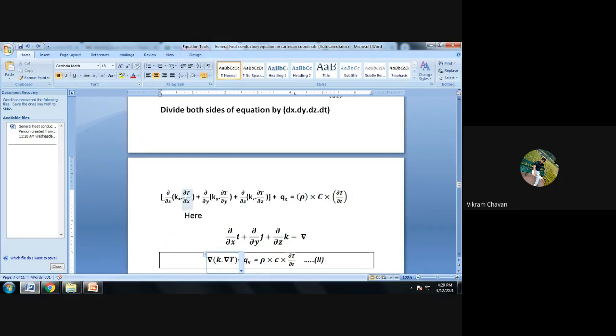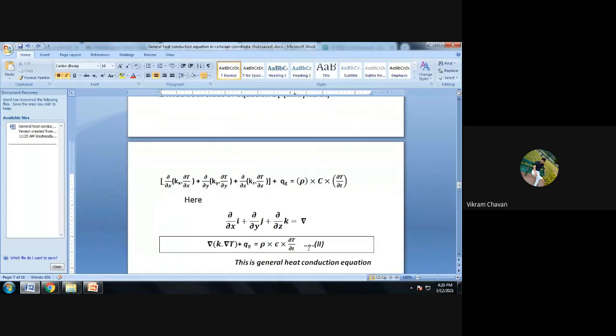Now in the bracket, temperature is also varying with respect to the coordinate system, so for that we have introduced one more del operator and the remaining equation as it is. So del of k multiplied by del of T, bracket complete, plus qg is equal to rho multiplied by c multiplied by del T divided by del small t. That will be our equation number 2.